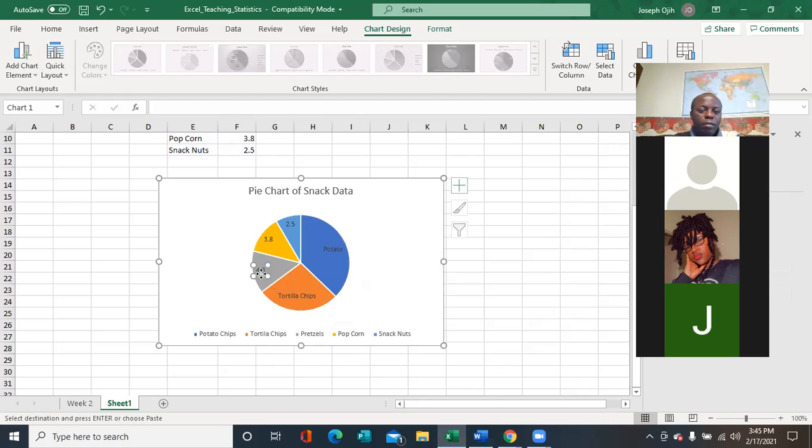Then the orange color is for popcorn. Now this light blue is for snack nuts.